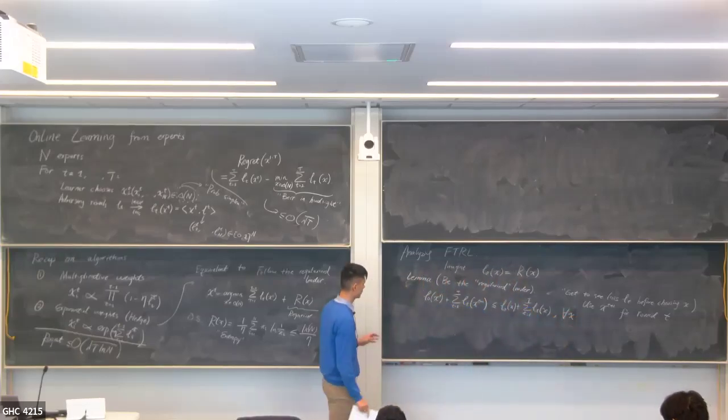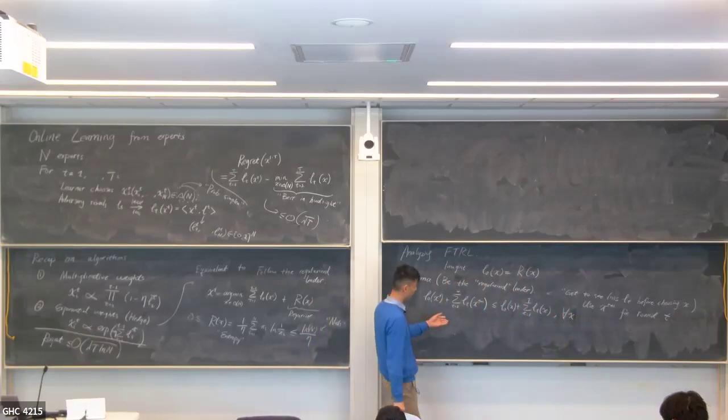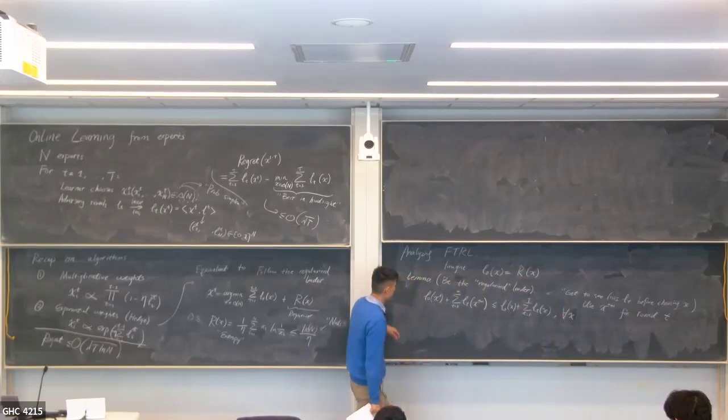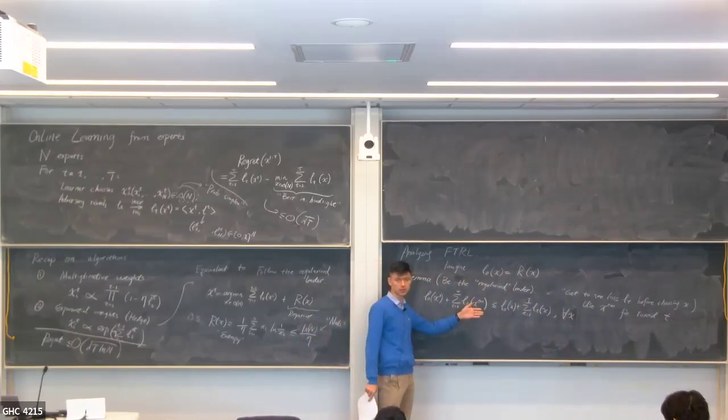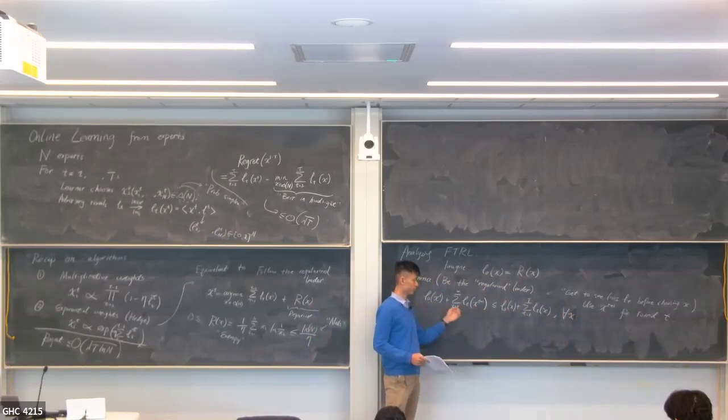You've seen this before, but I'm writing it in a different form. This is saying if you take the regularized loss as the loss by which you measure performance, this is what the be the regularized, this cheating algorithm, achieves. This is the total loss plus the regularization. This is how much loss it incurred because you get to use x_{t+1} on round t.